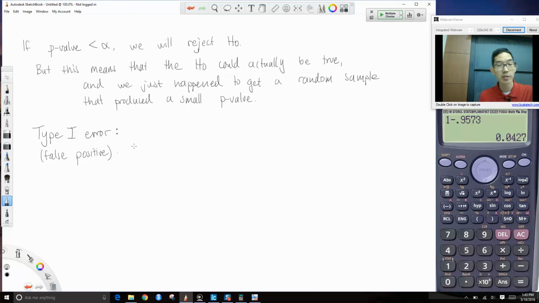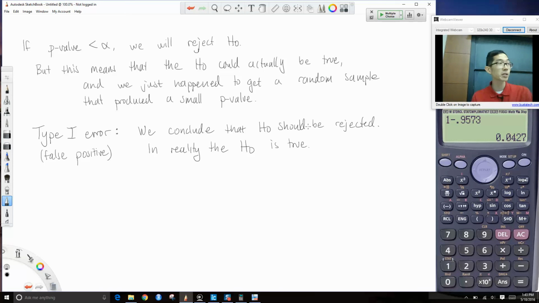Okay, so type 1 error or false positive: we conclude that the null hypothesis should be rejected. In reality, the null hypothesis is true. That's a type 1 error. Okay?